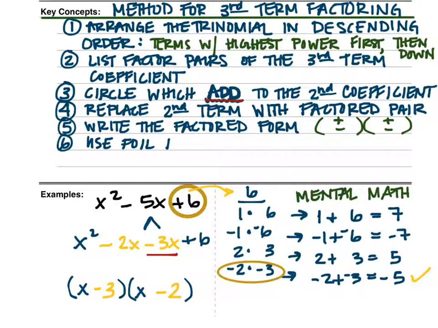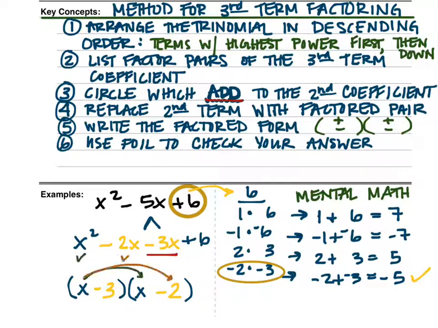So step 6 is to use the FOIL method to check your answer. And so in fact, as I'm going through, I am doing that, but you may notice I want to do it yet again. So the check for FOIL, and that goes so quickly. Let's back up here.